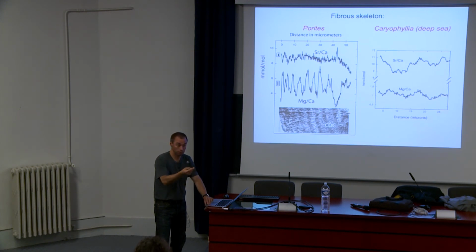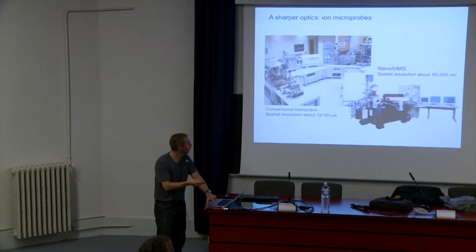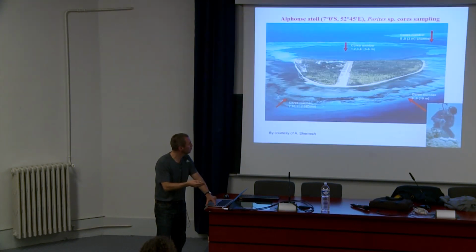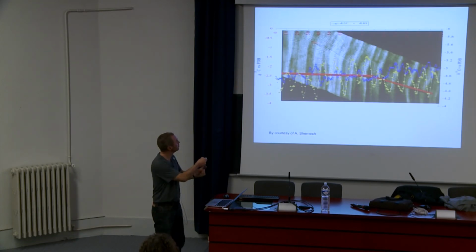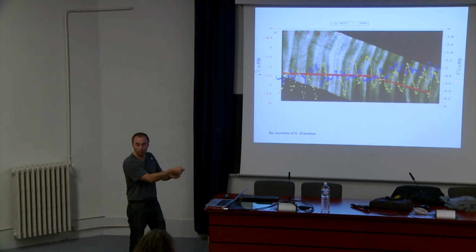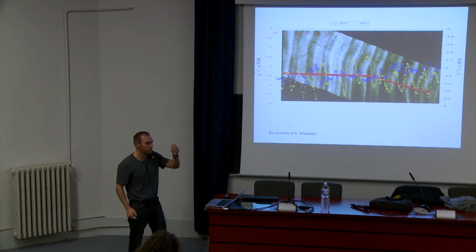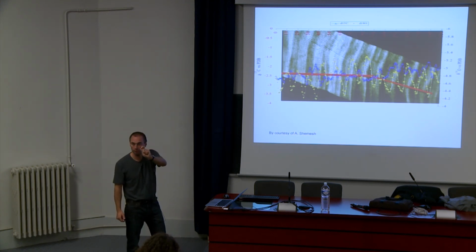And this, of course, is what people do when they reconstruct. If you go all the way back to Aldo Schemes, who's done this, when he samples this skeleton, he does it with a dentist drill, which is 1 millimeter sized sampling. It's a huge volume compared to the tiny little spots we make with the ion probes. So he's, of course, averaging out a lot of the noise.